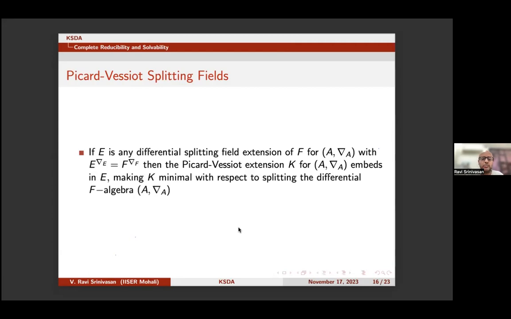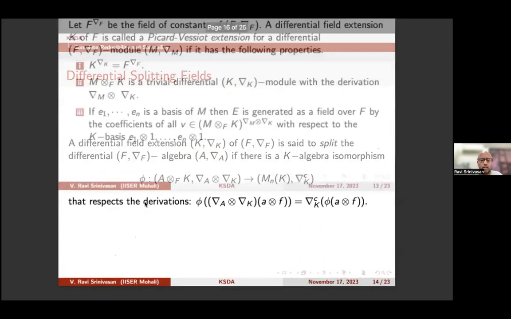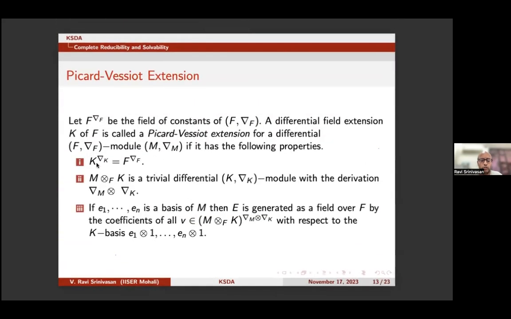This is basically because the moment you take a differential splitting field, you already have the condition that the constants of K and constants of F are the same, and splitting essentially means that this module is trivial.